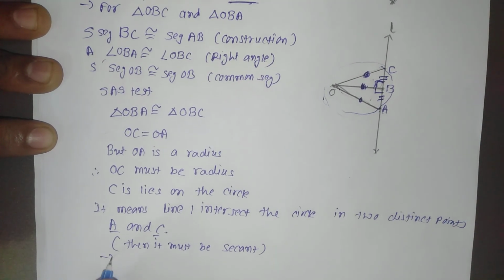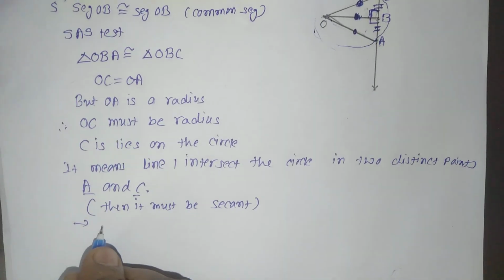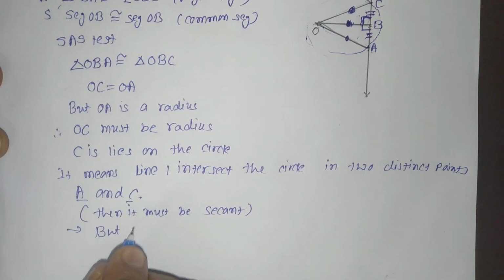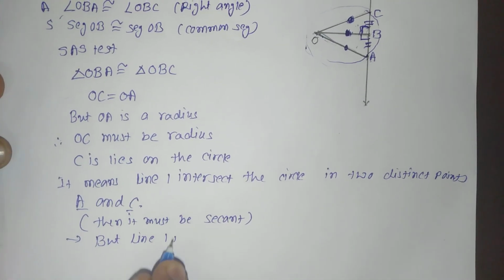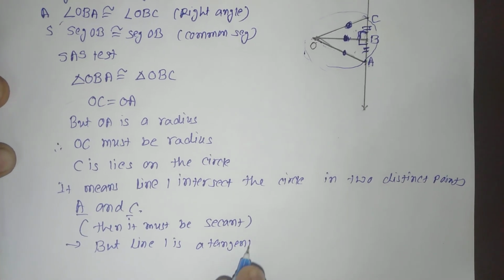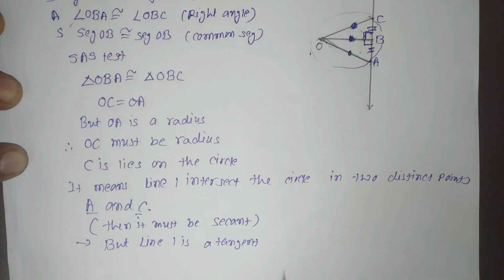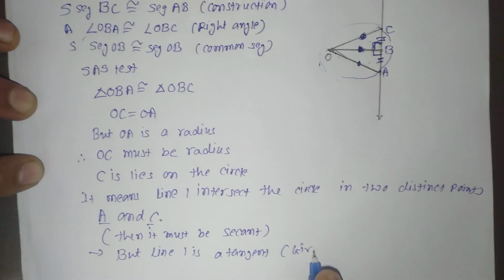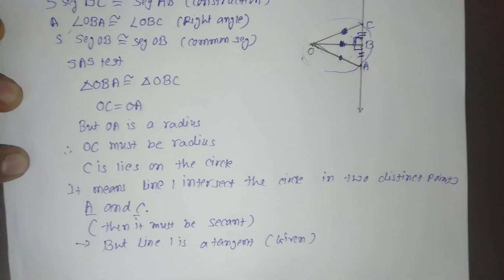But as per the data, line L is a tangent. It is not a secant, as it is given. Why? Because it is given in the data that line L is a tangent.